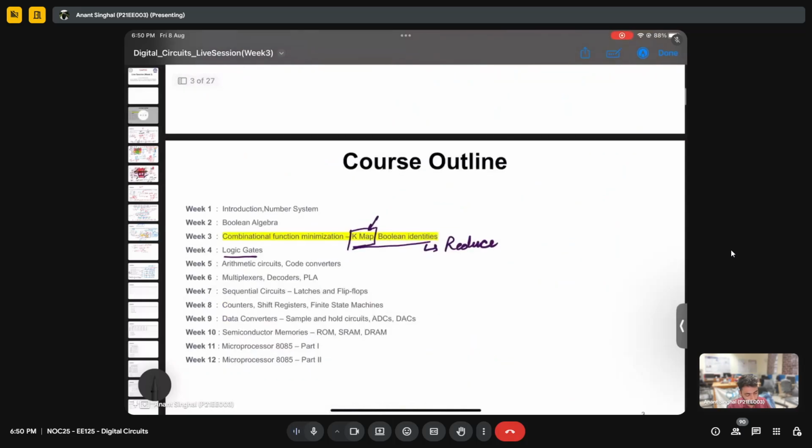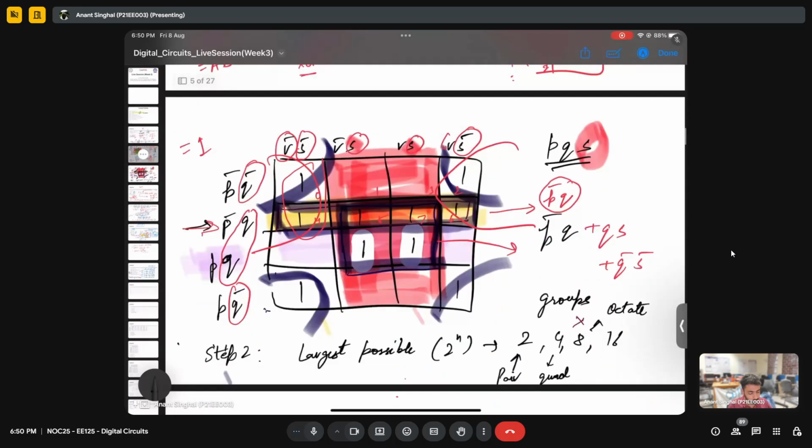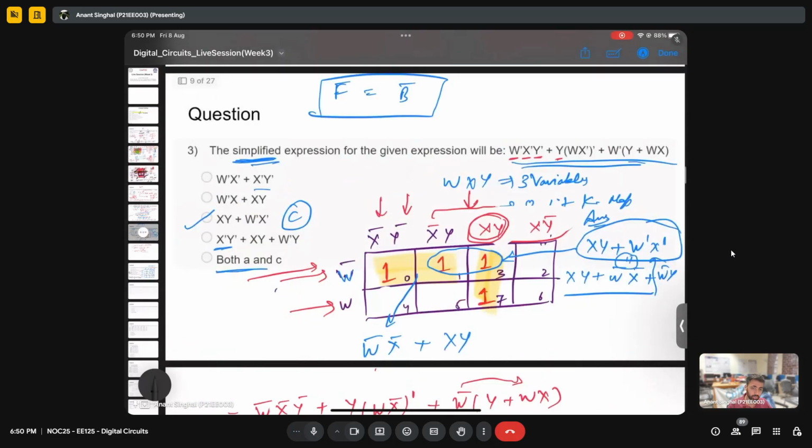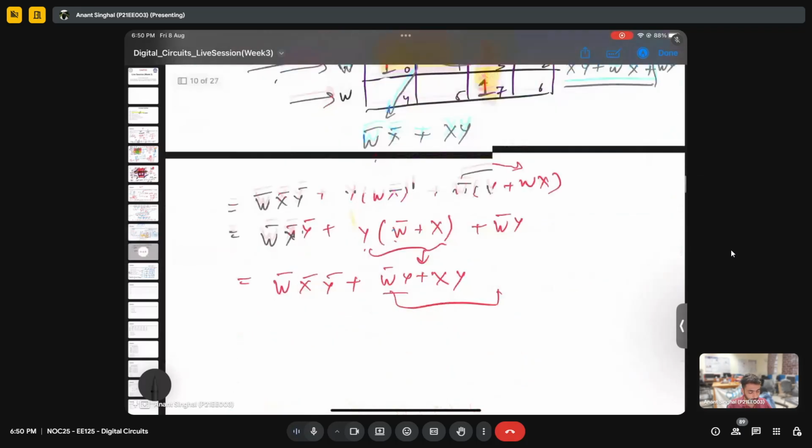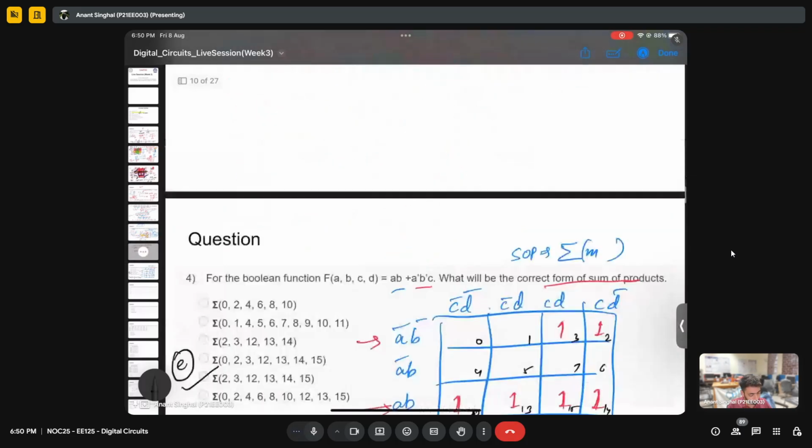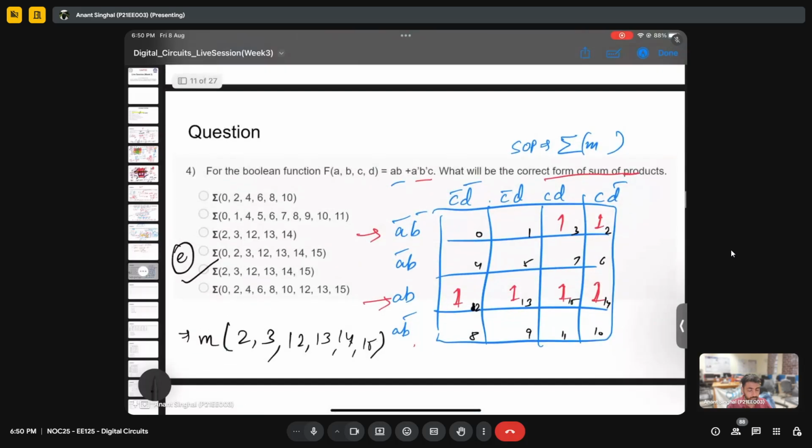Last week we did not cover K-map, because the K-map was a topic of the next week. That is why we did everything by expanding in a conventional way. In this lecture we are doing all the K-map problems. You can do last week's problems also using the K-map. That would be easier. That is true. Yes, sir, unlike the conventional process, if we do it like this we can easily get the answer.